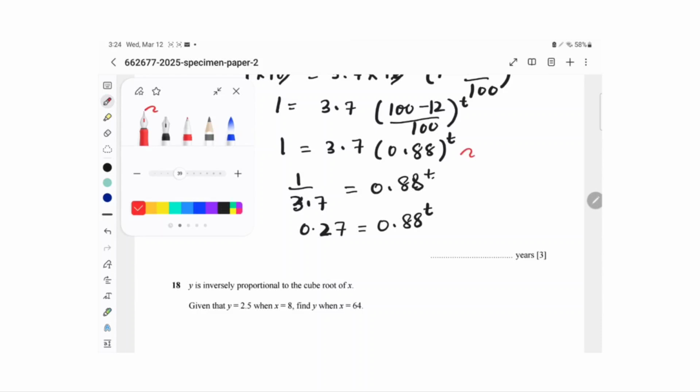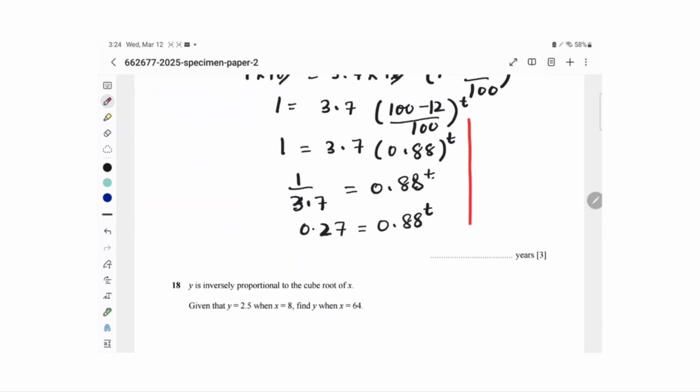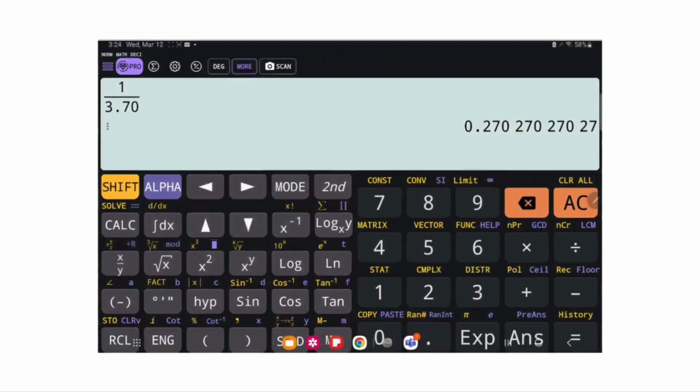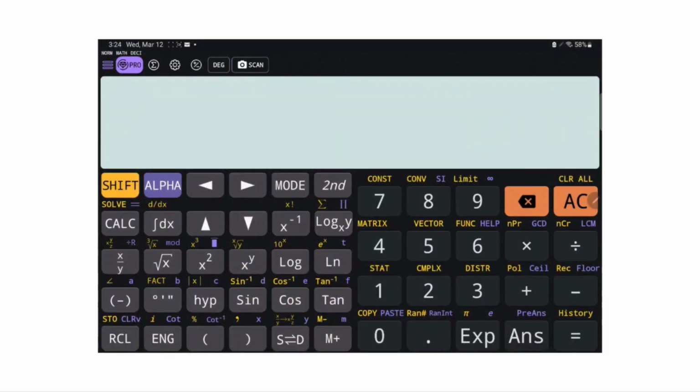If you apply log here, then log of 0.27 = t log of 0.88, either by the trial and error method, or you can do it like this. So t = log 0.27 divided by log 0.88.